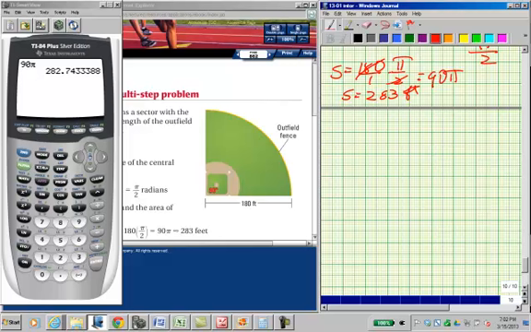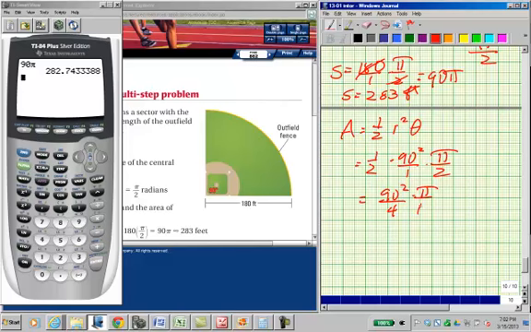Now let's get the area. The area equals 1/2 r squared theta. Okay, so it's going to equal 1/2 times 90 squared times, I'm sorry, 1/2 r squared theta times pi over 2. Okay, so it's going to equal 90 squared over 4 times pi.